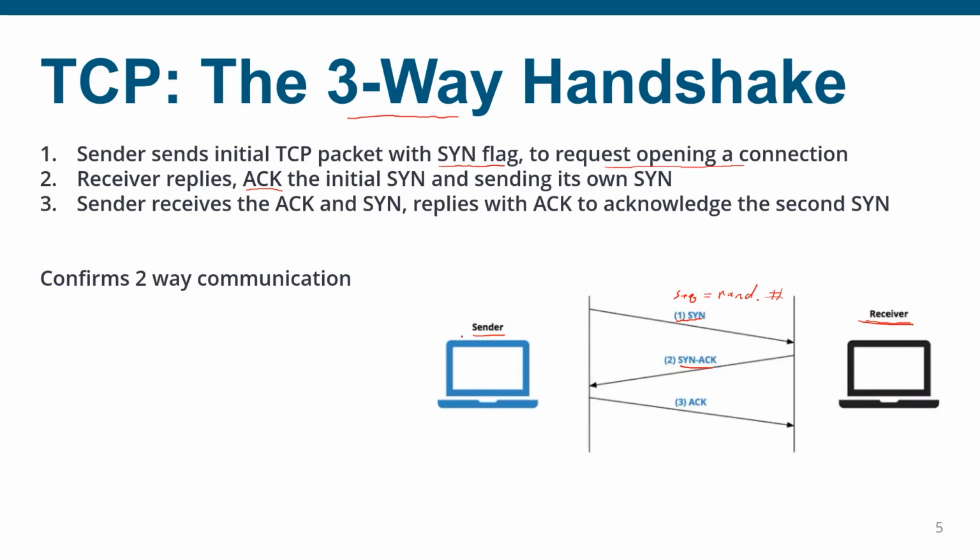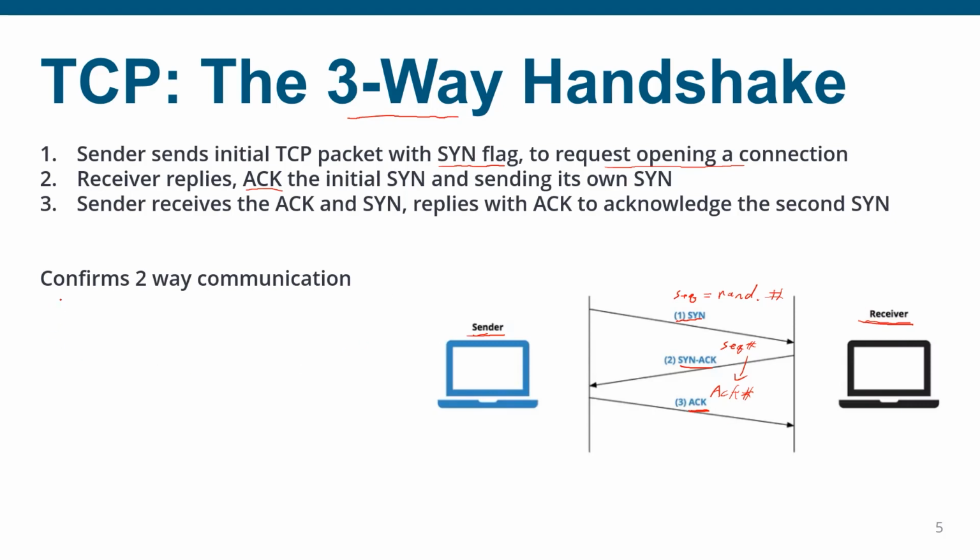And then finally, the original sender receives that SYN ACK and will reply with its own acknowledgement. This SYN ACK would have a sequence number, and therefore the acknowledgement number down here would be set to this sequence number to acknowledge the receipt of that sequence number.